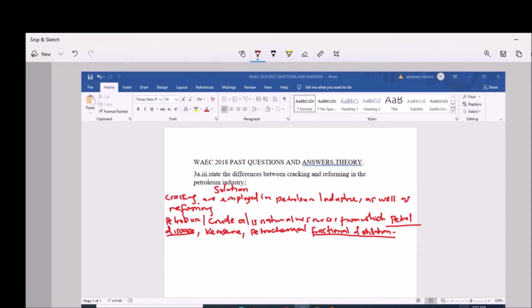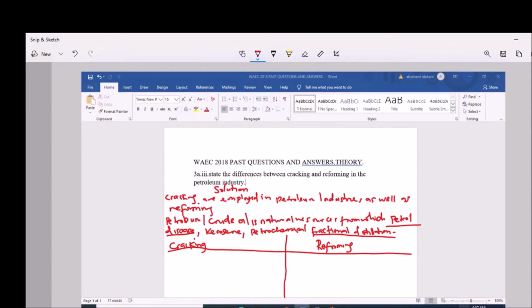Now to the differences between cracking and reforming. Don't forget, we said earlier that the two are employed in the petroleum industry. So let's use this tabular form to state the differences.